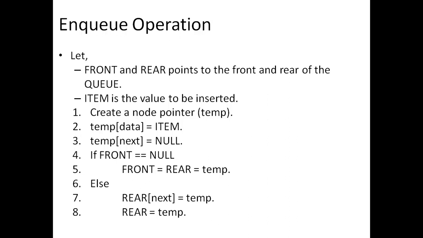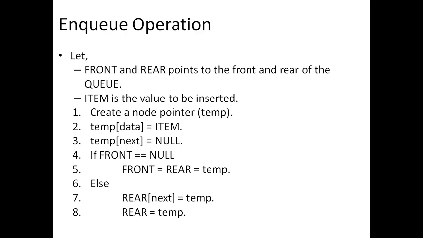Therefore, if we are inserting the first element in a queue, and assuming that the node is created successfully, then we have to update both the pointers, that is front and rear, and the same is done in the algorithm at line number 5.